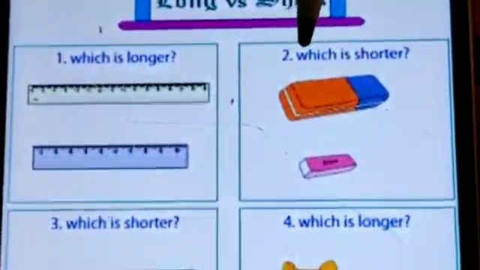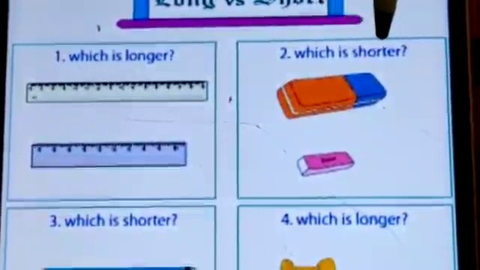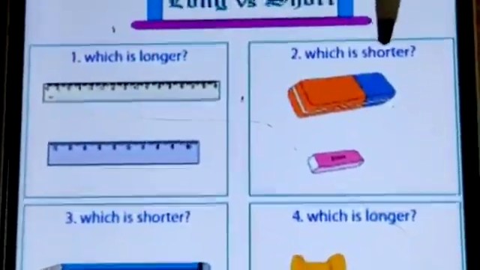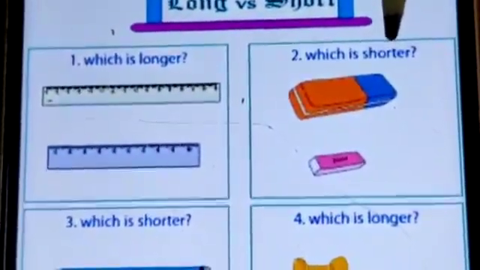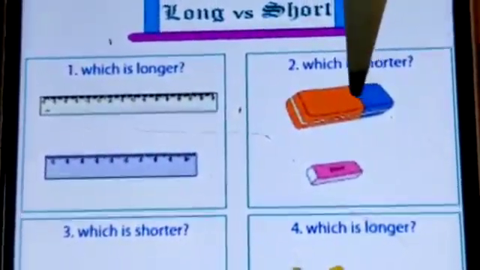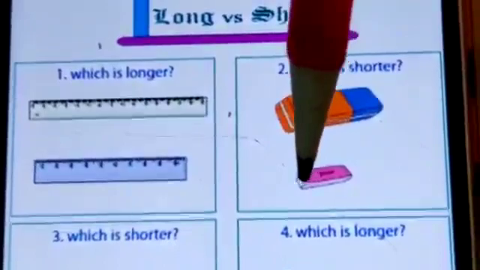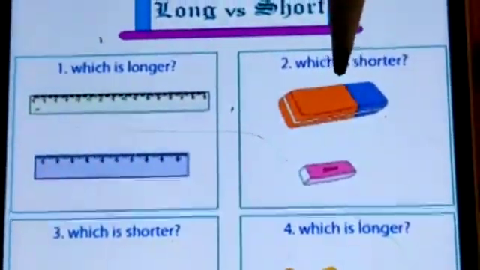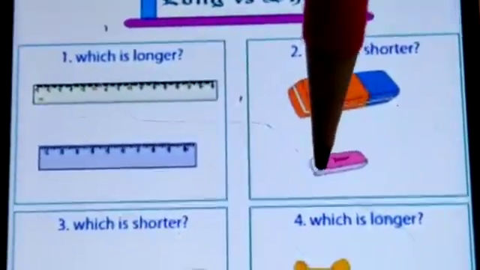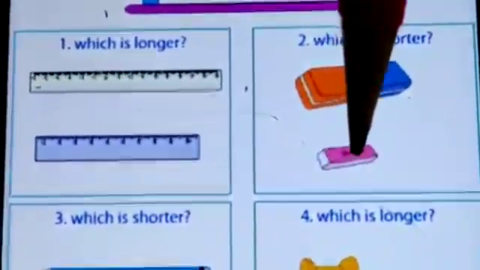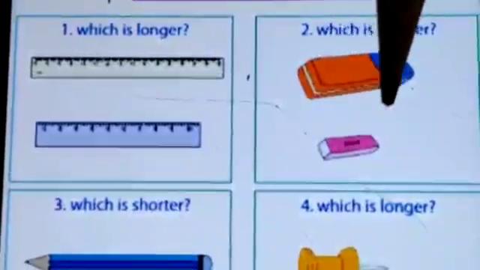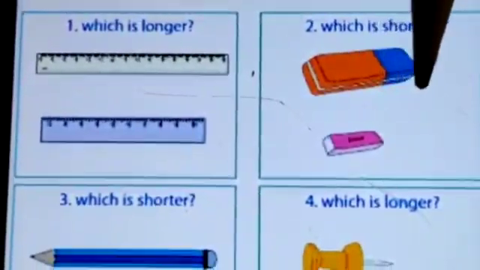Let us read it. Which is shorter? Shorter means छोटा. Here are two erasers. From this, which one is short? This one or this? The pink color one is shorter. So we will put a tick mark on the pink color.